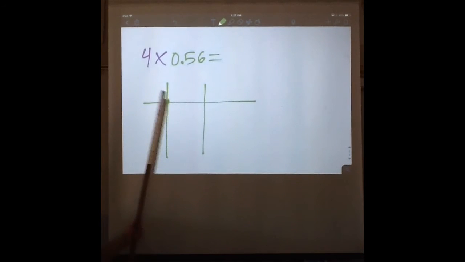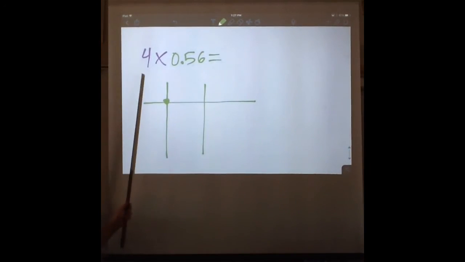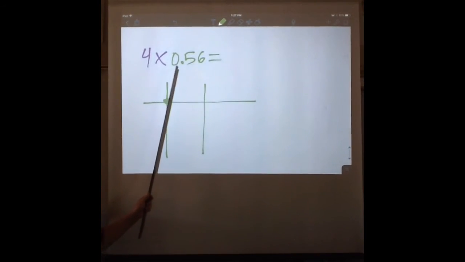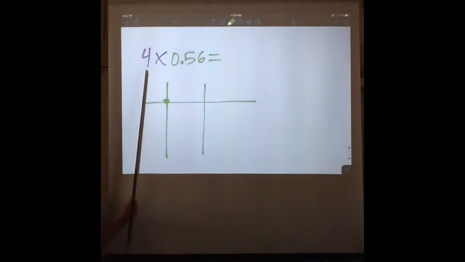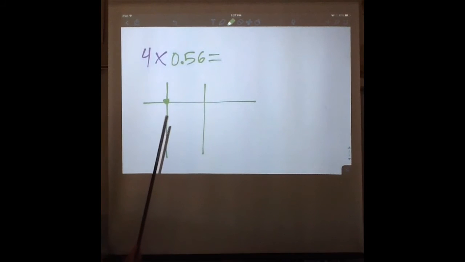Okay, so what do we have here? What's our first number? 4. What does it mean? 4 groups. We're going to have 4 groups of 5 in the tenths, right?